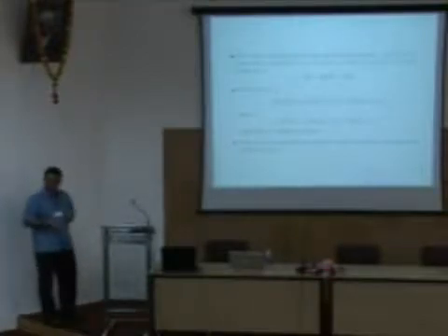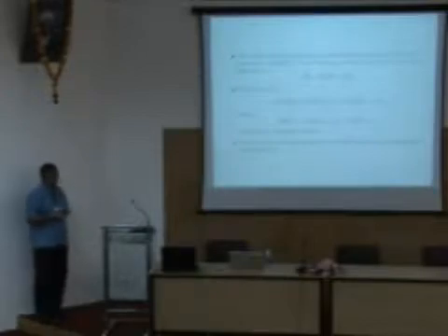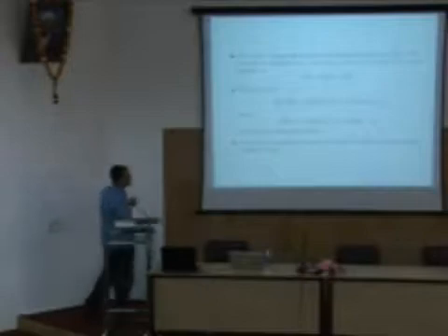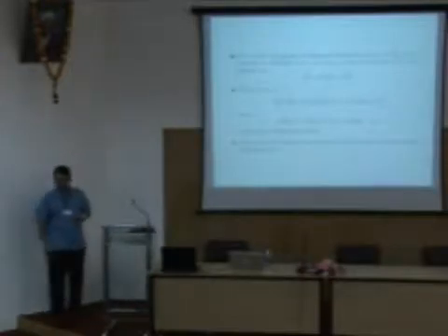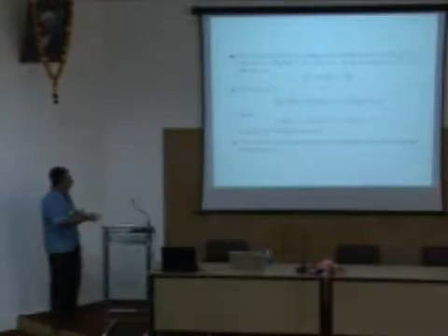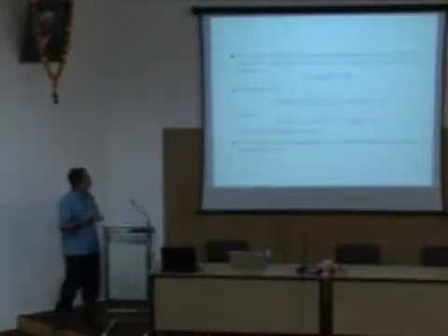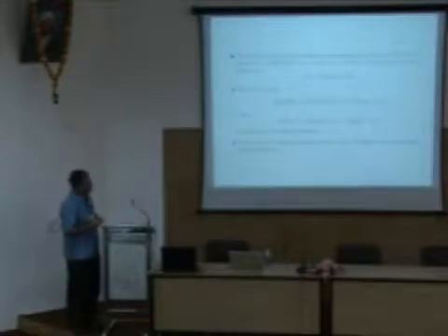Now, why is this inequality important? The reason is that you have this celebrated Shannon's noisy channel coding theorem, and you can prove the weak converse of it using the classical Fano inequality.